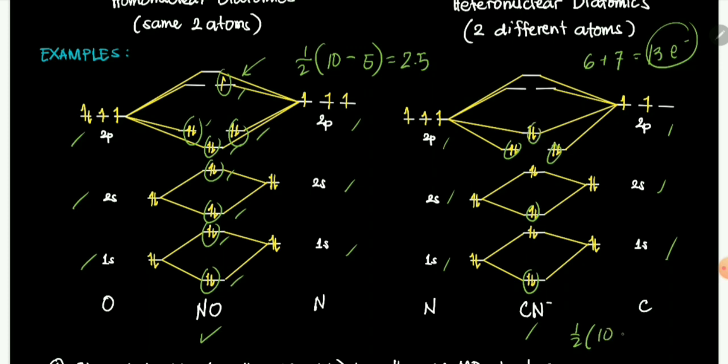So 10 bonding electrons, tapos 2, 4. So 4 antibonding electrons. So 10 minus 4 is 6. 6 over 2 is 3. So ang Lewis structure ng ating cyanide ay C triple bond N minus. Okay? So may triple bond tayo dahil yung ating bond order ay 3.